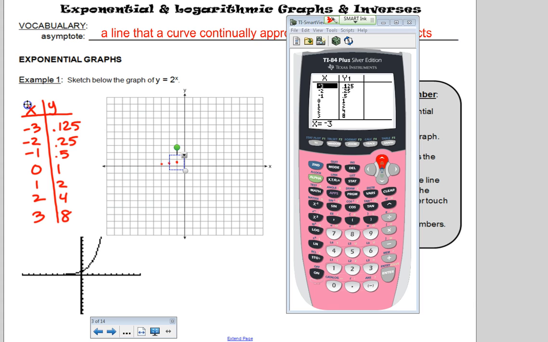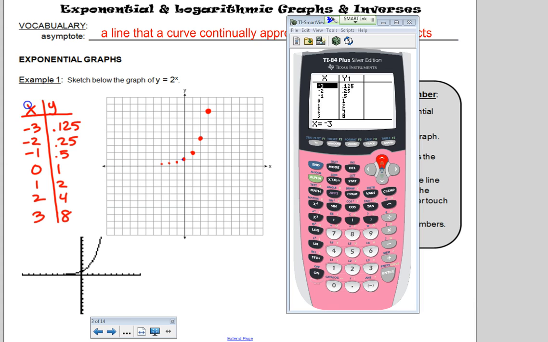Okay, you'll have an easier time than me. Okay, so that's what the graph will look like. And then we connect the dots.